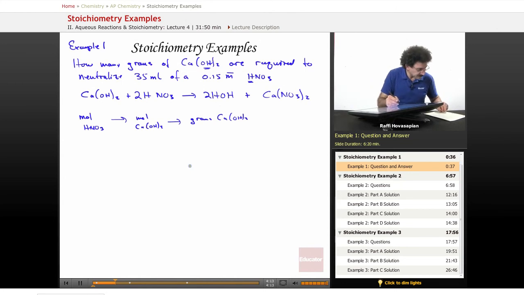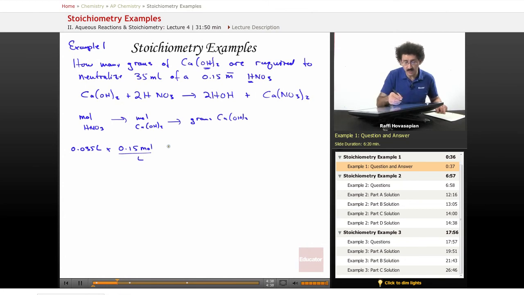Great. So let's start by finding the number of moles of HNO3. So we have 0.035 liters, because it's 35 milliliters, times 0.15 mole per liter. Okay. I personally prefer to work one thing at a time.